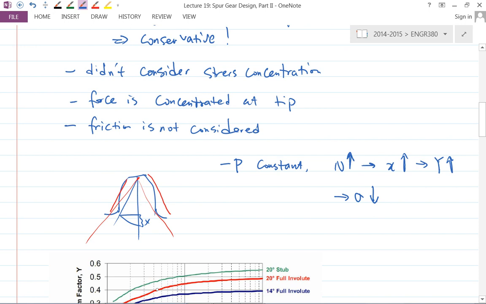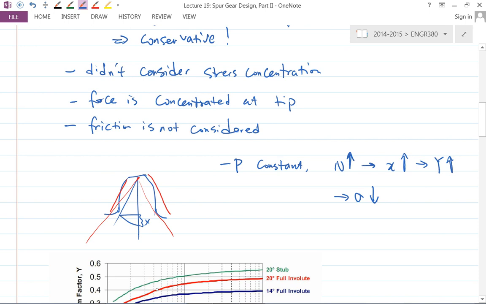Okay. So later, when you design a gearbox, you have a pinion engaged with the gear. You will calculate the bending normal stress for both the pinion teeth and the gear teeth. But now think about it: how many teeth on the pinion, how many teeth on the gear? Chances are the pinion will have fewer teeth than the gear, right?